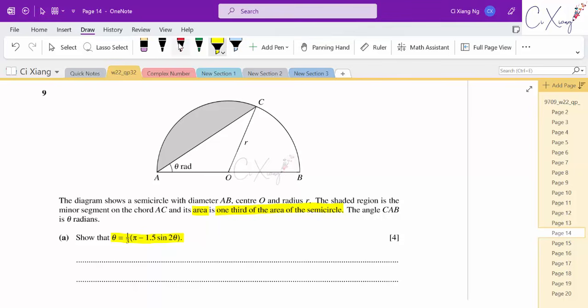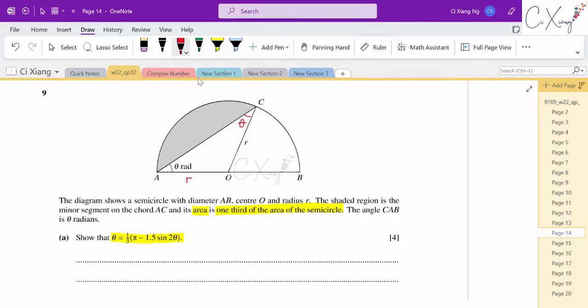Before we start, maybe we need to find all the possible angles first. OA is actually the radius as well, because AB is the diameter. So this is R, the radius. For this triangle, because both sides are radii, we have an isosceles triangle. Therefore, this angle here should be theta as well.